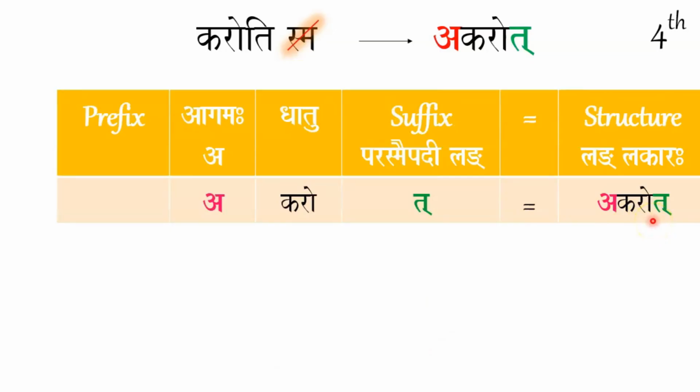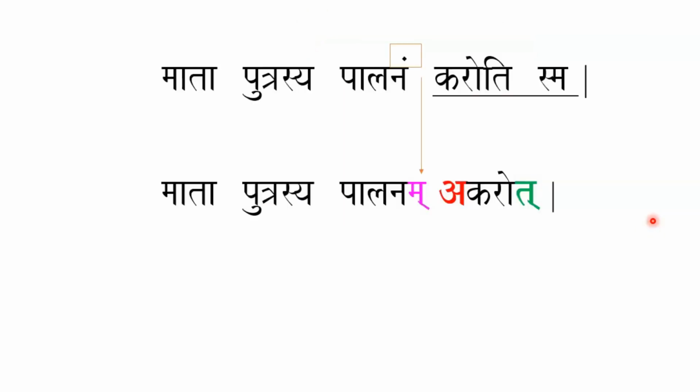So our sentence would be Mata putrasya palanam akarot. Here, after Anuswaram, the vowel A has come. That's why Anuswaram is changed into Halanta Ma.